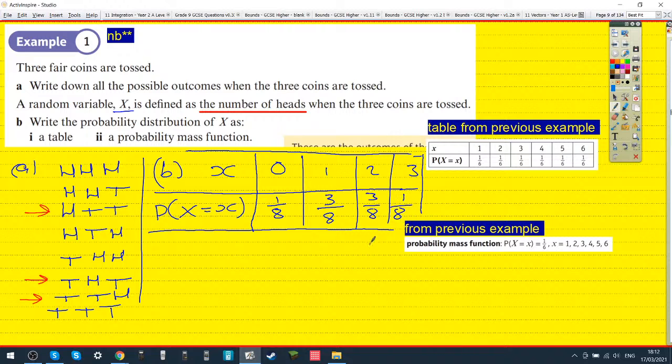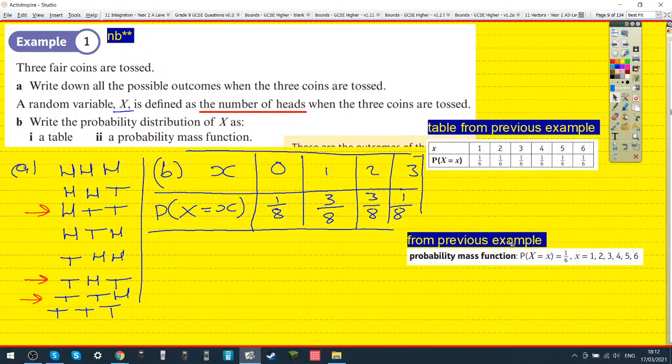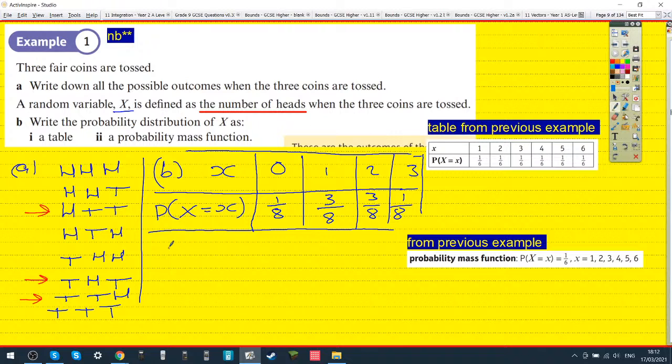Well done. And now write this information as a probability mass function. So P, X equals x. How do you get the fraction?